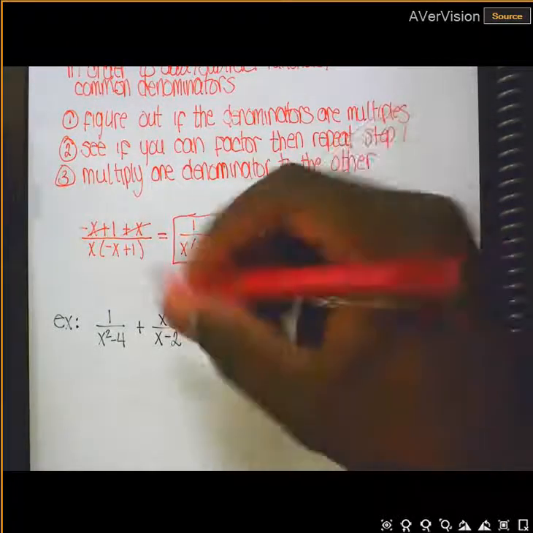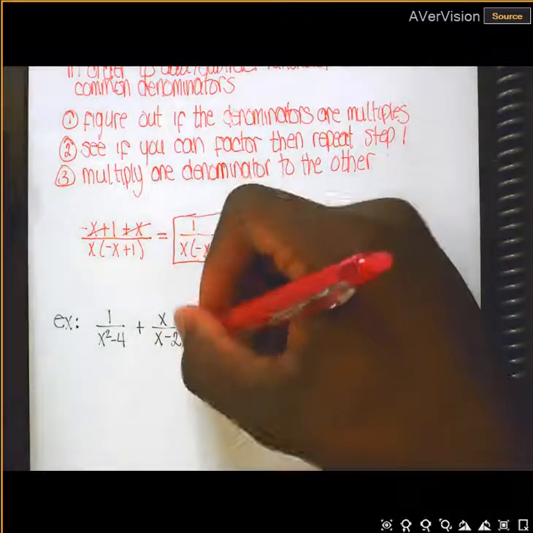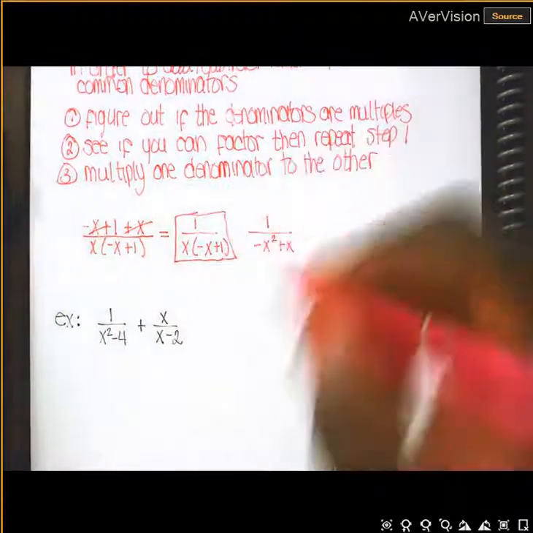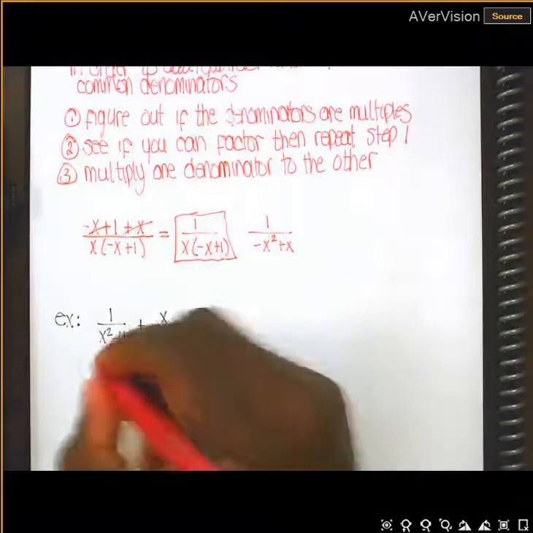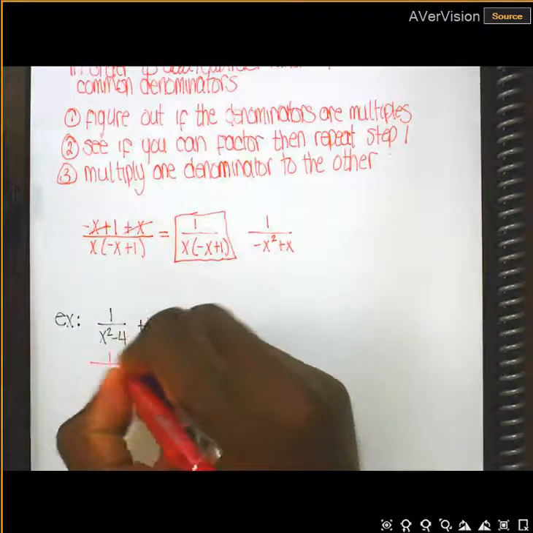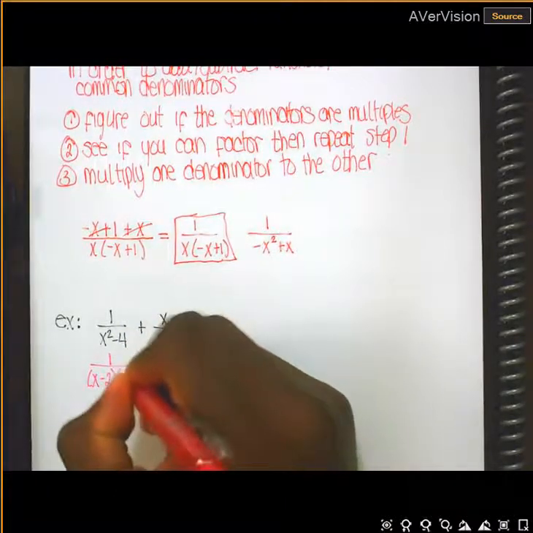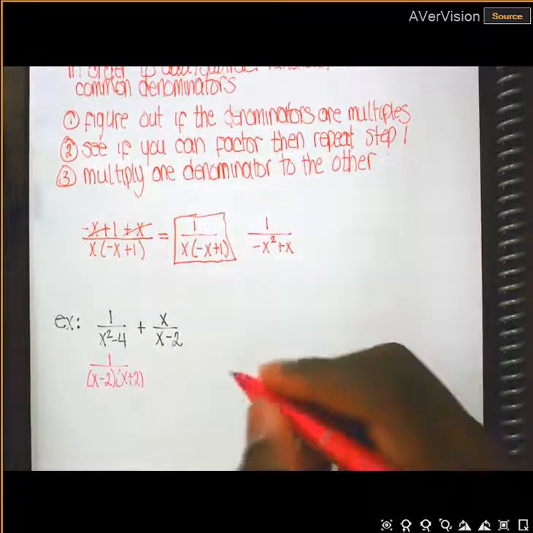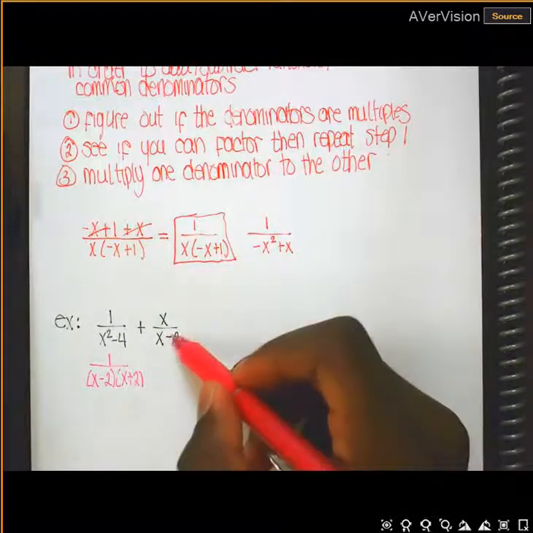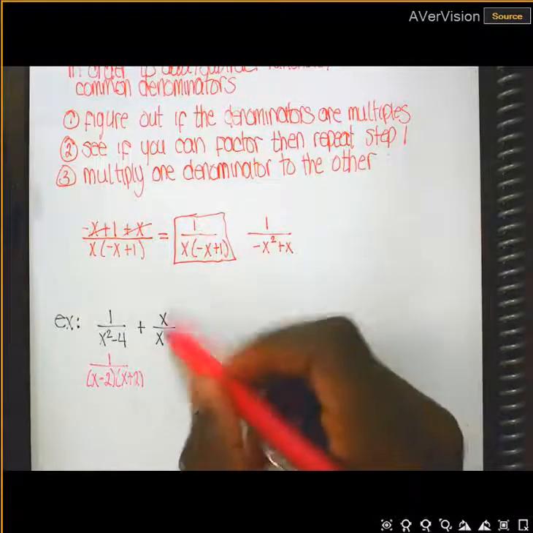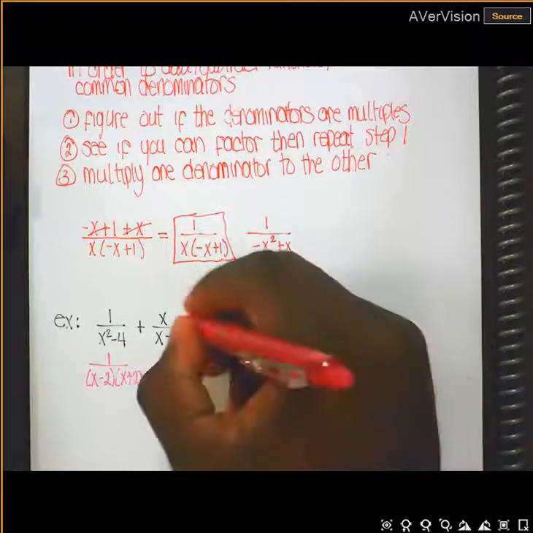We can multiply x plus 2 to this one to get x squared minus 4. We know that because if we were to factor out this one, we would get x minus 2 and x plus 2, right? So the only thing this fraction is missing is x plus 2.